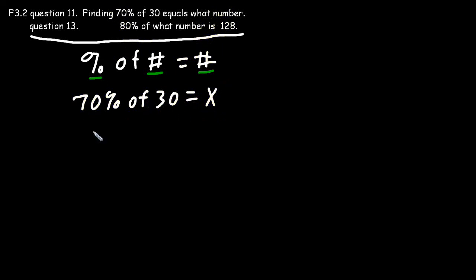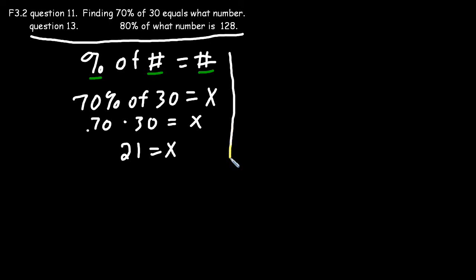And so 70%, what we want to do is convert that to a decimal, and so that'd be 0.70. Of means you multiply. 70% times 30 equals x. And so 70% times 30 is 21. So the answer to the first question is 21.